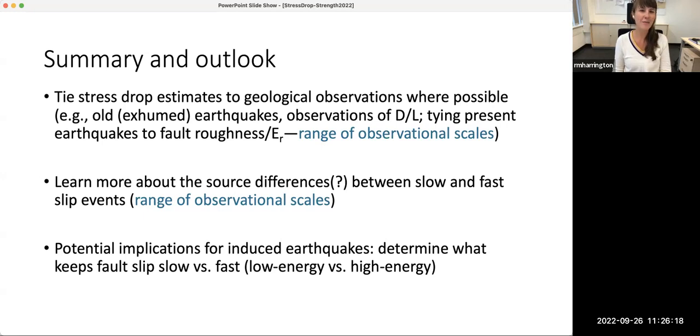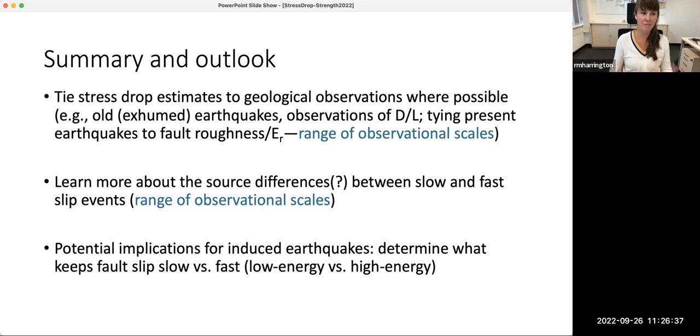And I think that one thing that would be super helpful to tie those estimates of stress drop to geological observations, and know more about which assumptions are correct and which ones are not, would be to have more field observations.